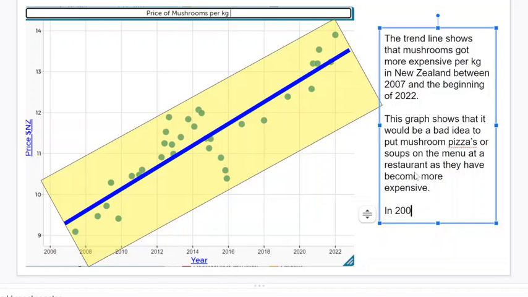In 2007 they were $9, just above $9. So if we had 9 and 10 as the scale, halfway would be $9.50.